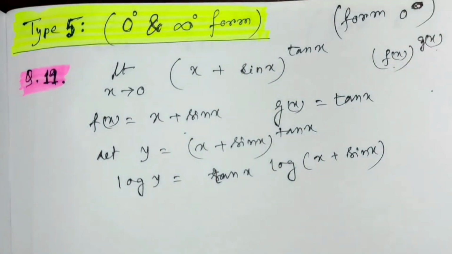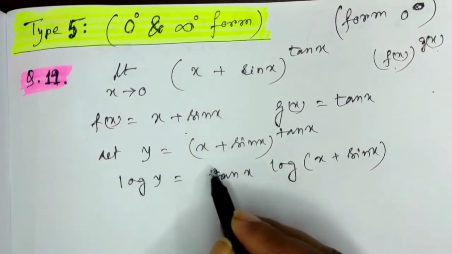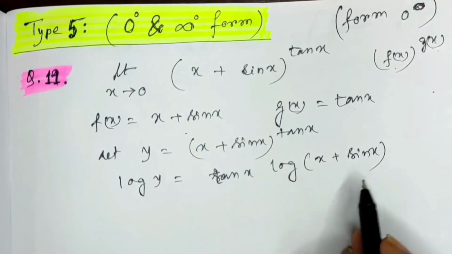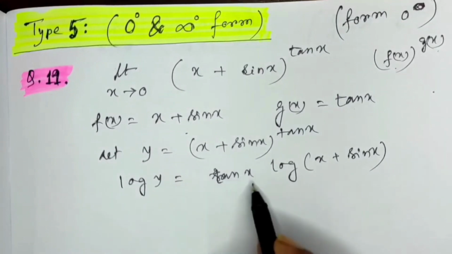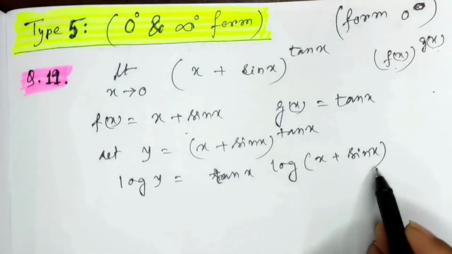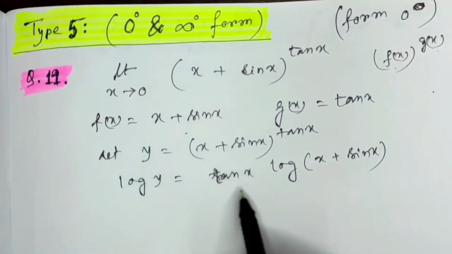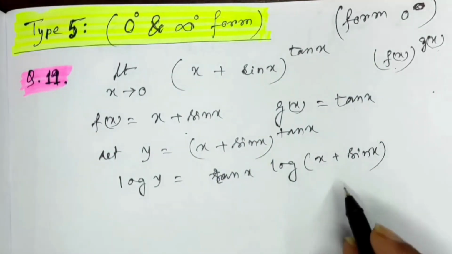If we have this type of form, then to convert it into the 0 by 0 form, we should take log on both sides. Let us consider y equal to this entire function and take log on both sides. Then log y is equal to tan x times log of x plus sin x. Now tan x, when x tends to 0, is 0, and log 0 is infinity.